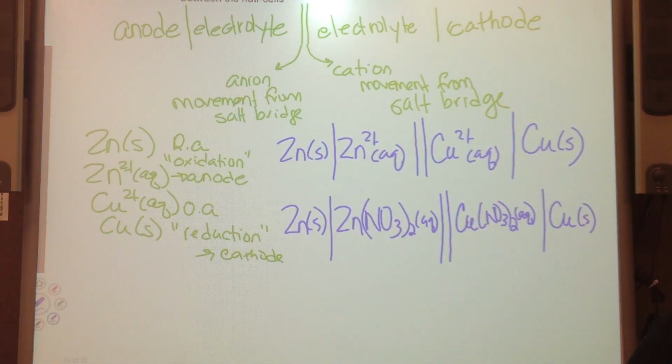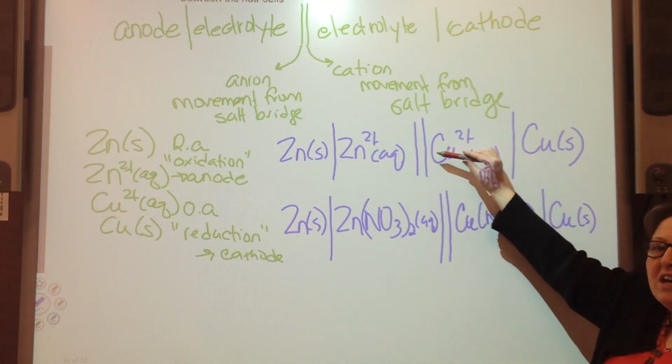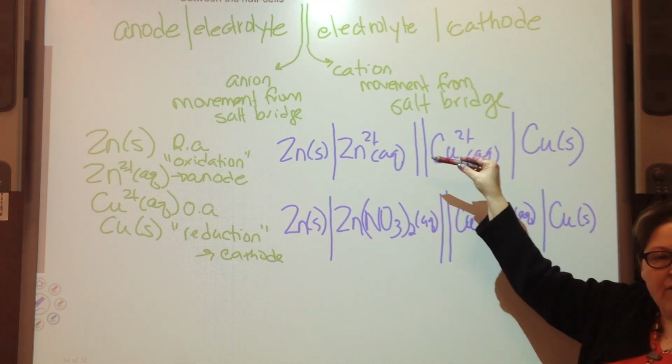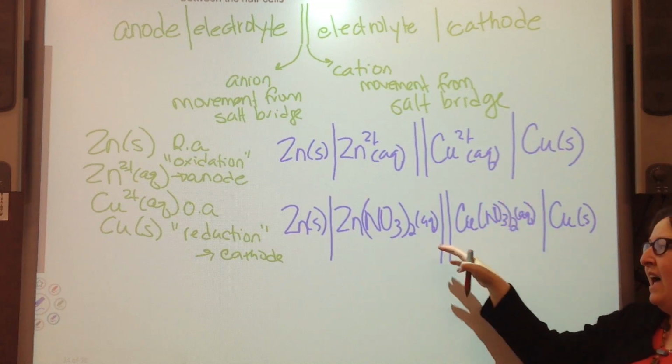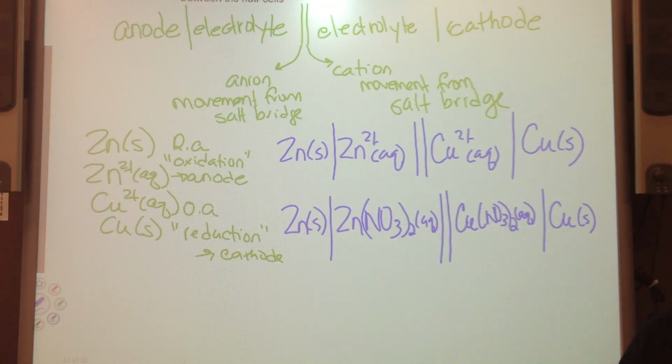You could see it both ways. This is the more common way, just to write out the reaction, the half reactions themselves. But I have seen it written out with whatever solution they used. And you will see them pick sulfate because copper and zinc don't form a precipitate with sulfate. But if one of the electrodes was barium, you couldn't use sulfate. Okay?